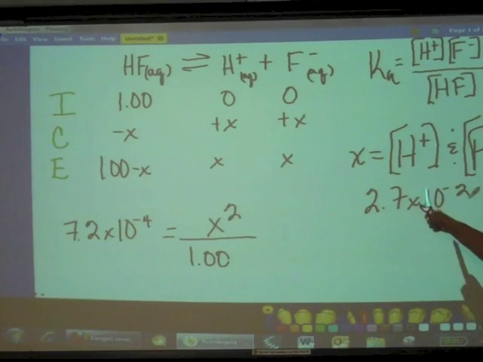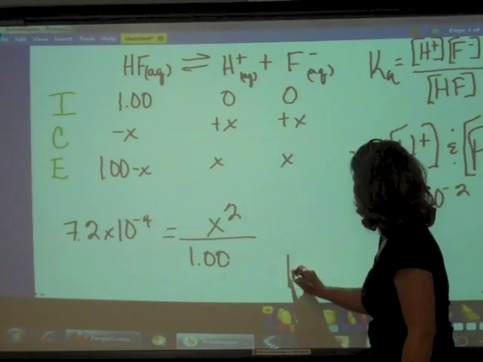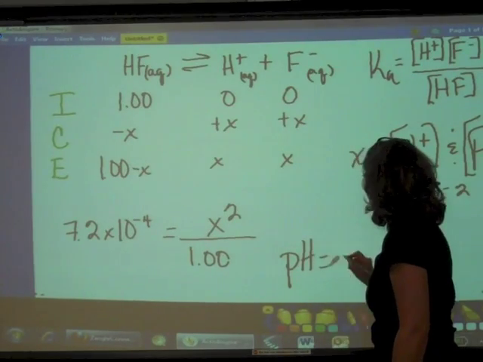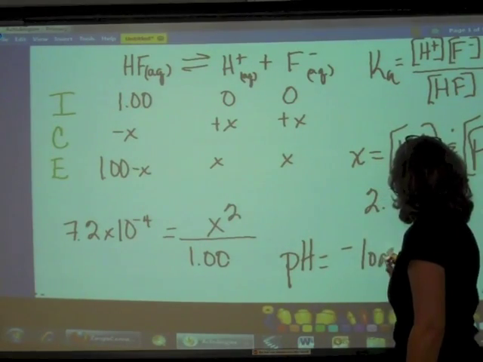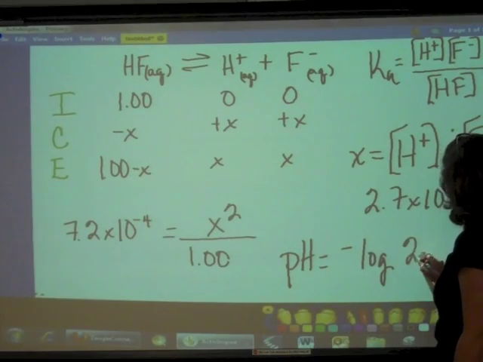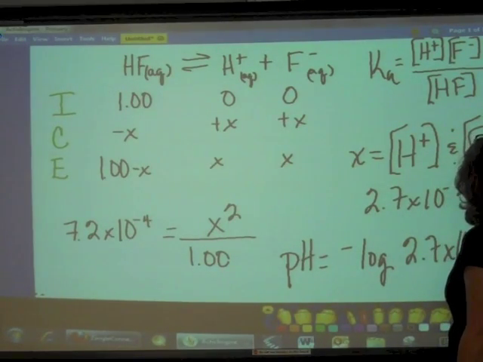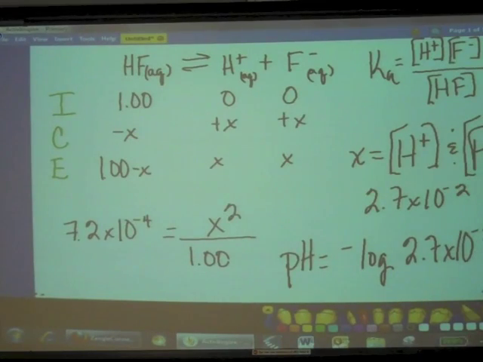But we're not looking for the hydrogen ion concentration, we are looking for the negative log of the hydrogen ion concentration. So pH is equal to the negative log of 2.7 times 10 to the minus second. So why don't you go ahead and do that on your own calculator, and then tomorrow in class, I will check to see that you have the correct pH written down.